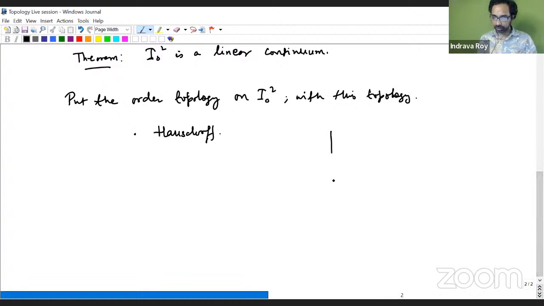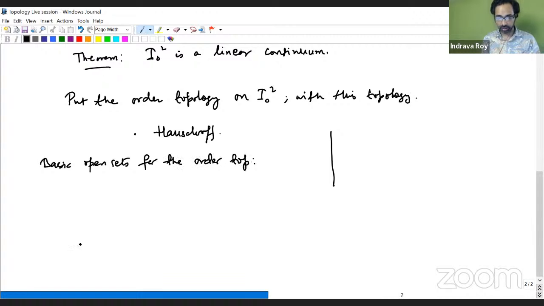Let's see what the basic open sets are for the order topology. They are defined as follows.